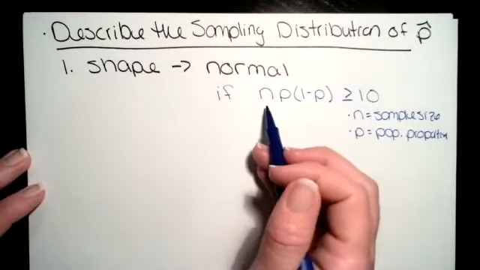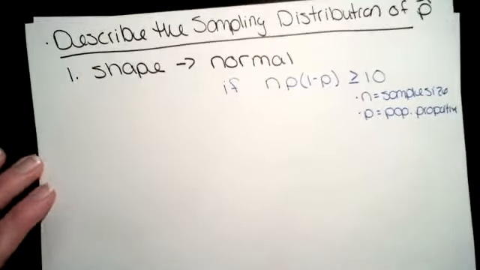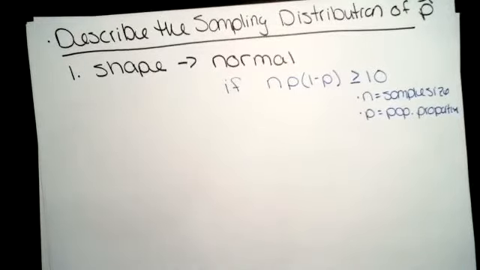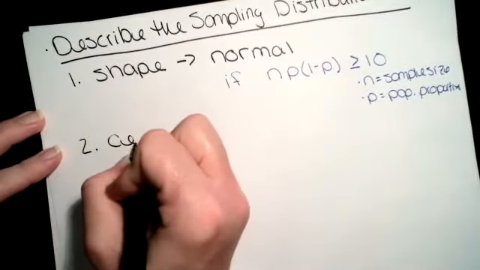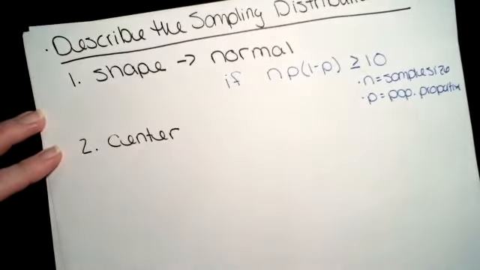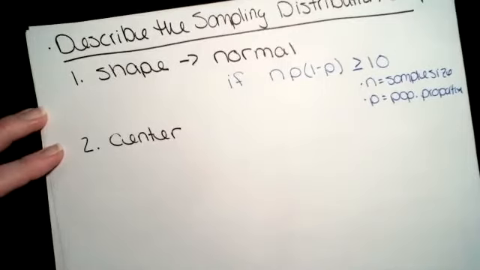So it's always better to have n larger. Just not always feasible. Okay, so let's talk about the center of this distribution. The center here is going to be very similar to last class. So 2 weeks ago, we said, oh, the center is the mean, right, mu.